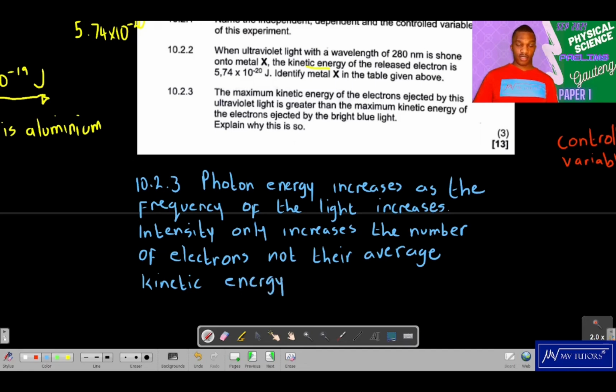Okay, so intensity only increases the number of electrons, not the kinetic energy.